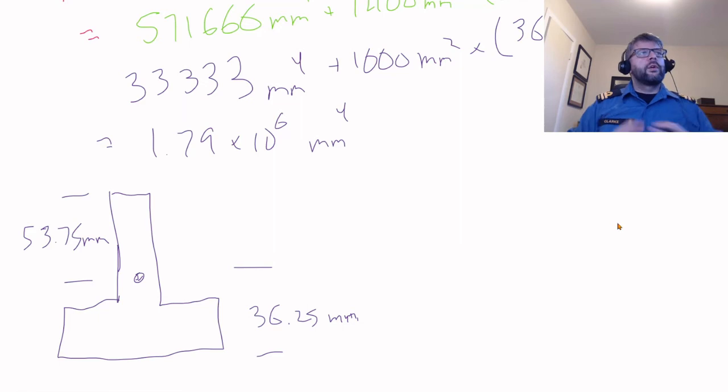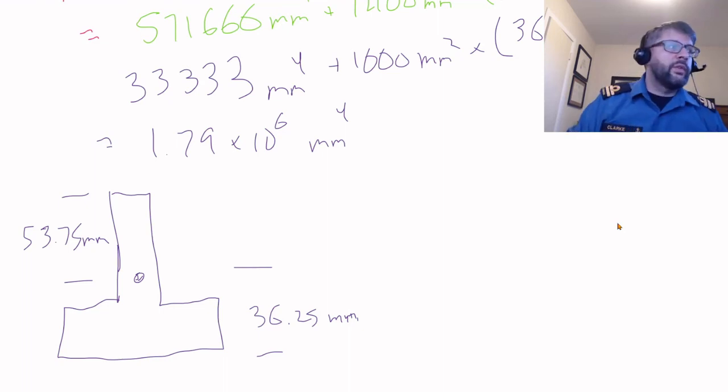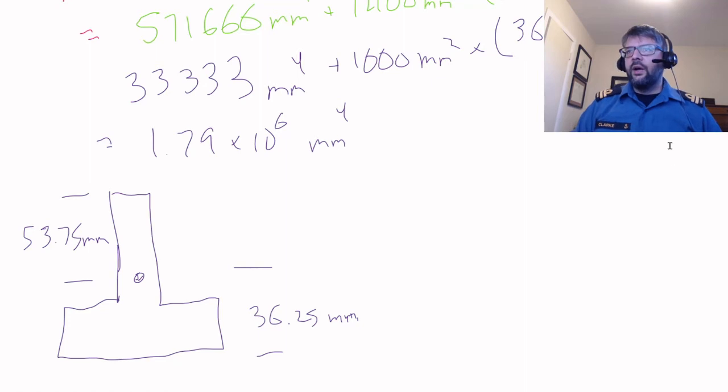So I'm gonna go ahead and repeat this calculation twice, just to demonstrate that it doesn't really matter which side we take that measurement from in order to find what the value is. But we'll start with the easy one.